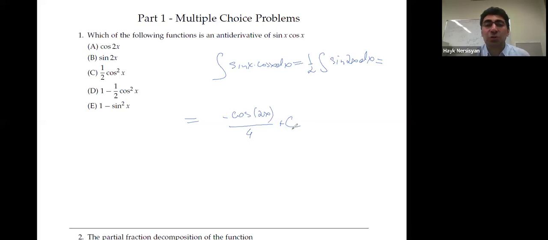What do we remember about cosine 2x? In terms of cosine squared, how can we express it? Cosine squared x is (1 plus cosine 2x) over 2. Am I right?